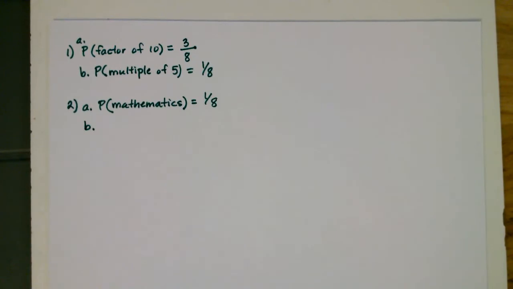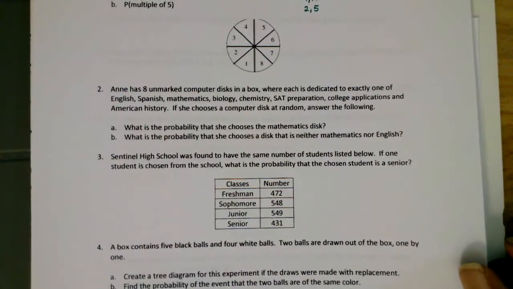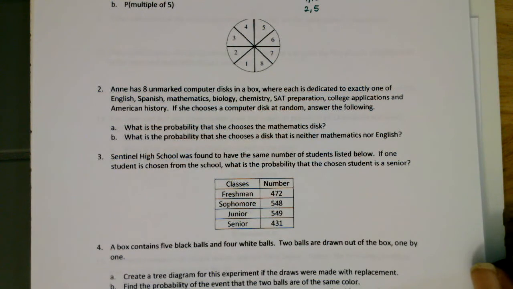Now part B says, what's the probability that she chooses a disk that is neither mathematics nor English? If there are 8 disks here, one of them is mathematics and another is English. If we're excluding those 2 subjects, then the remaining 6 are the others.